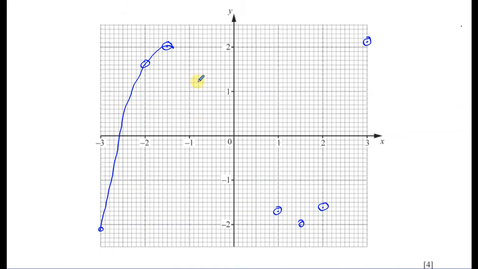Okay, so we're going to go down, down, down, down, and then turn, and then up, and up through this point. Try and make it look like a curve.